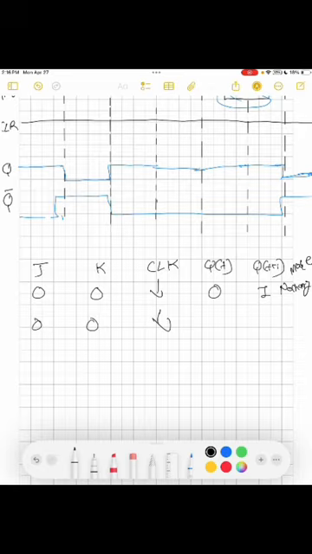Our next output stays the same as the current output. So 1 0, then no change.